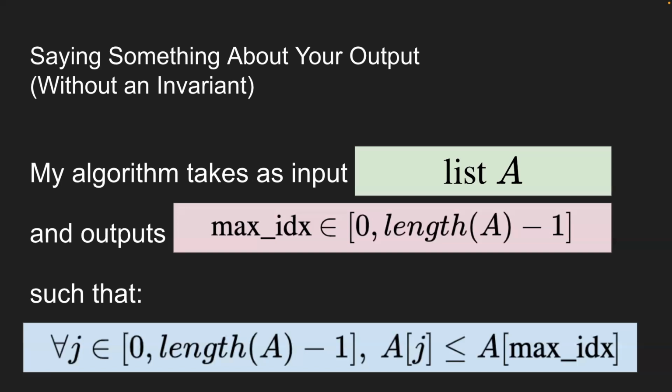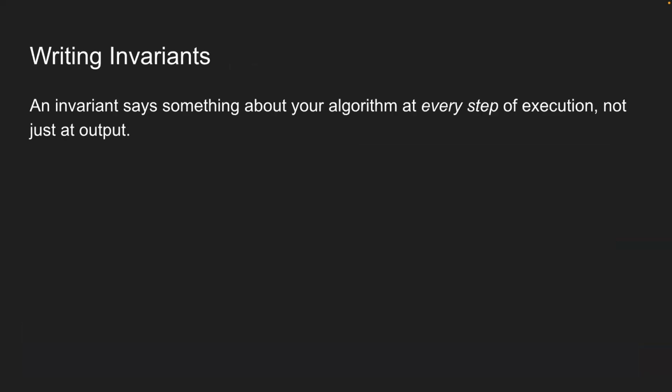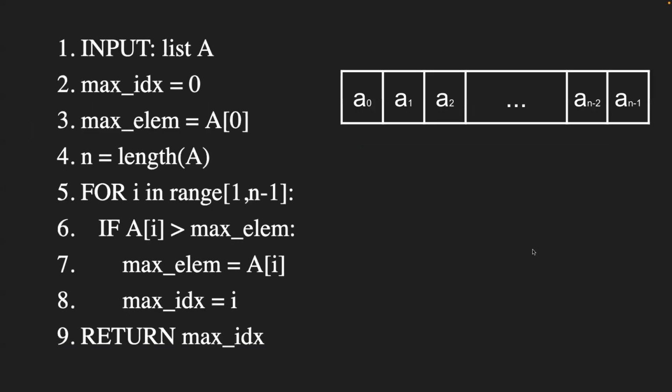How I would express that for every step of my algorithm is with this thing called an invariant. But I first want to get used to this notation, because this is really what we're trying to say about our program. Then we can get into how we express this using an invariant. So again, an invariant says something about your algorithm at every step of execution, not just at output.